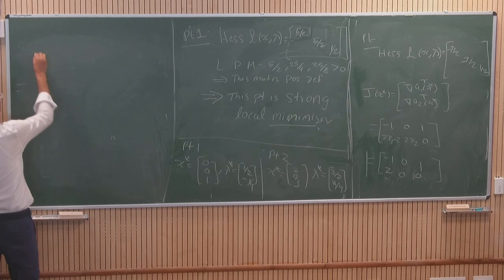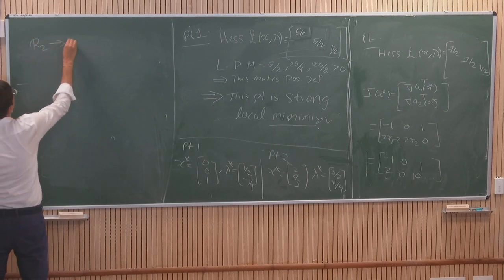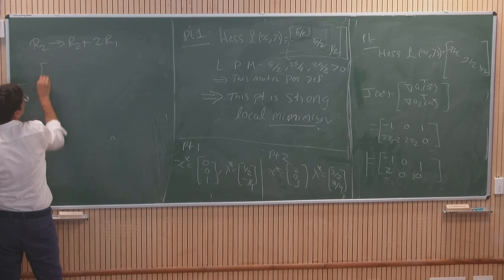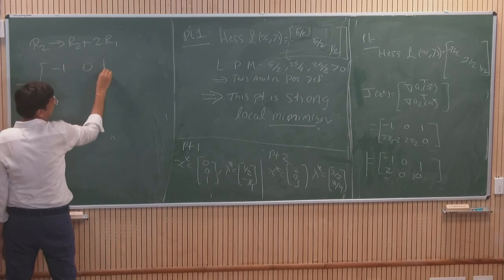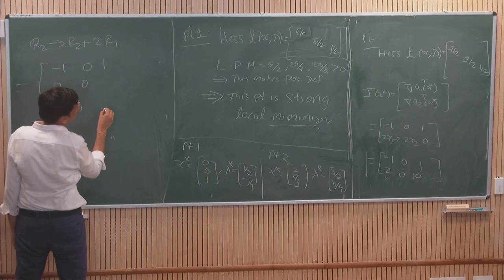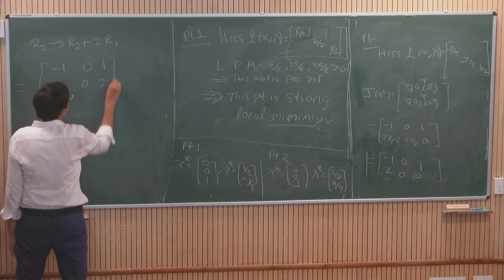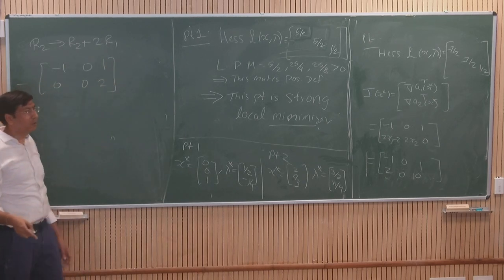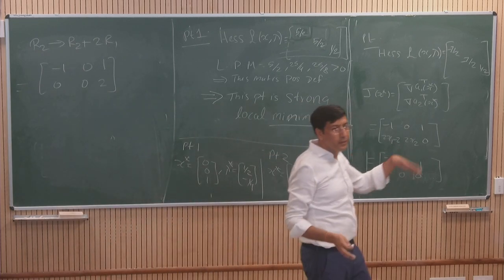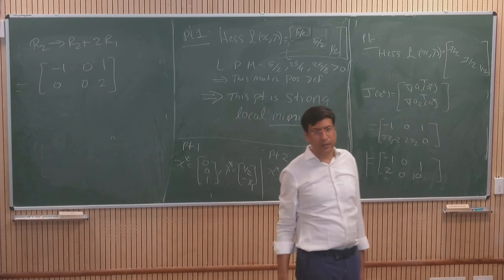So now let's say R2 becomes R2 plus twice R1. So this matrix becomes minus 1, 0, 1. This becomes 0. This stays 0. And this becomes 2. So this is your upper echelon form. The number of non-zero rows is 2, rank is 2. Hence the 2 rows are linearly independent. So it's a regular point, that's done.